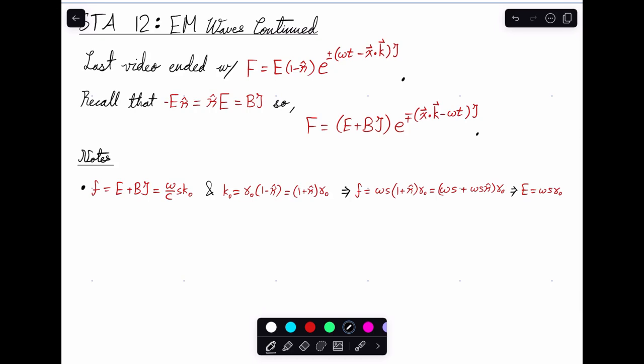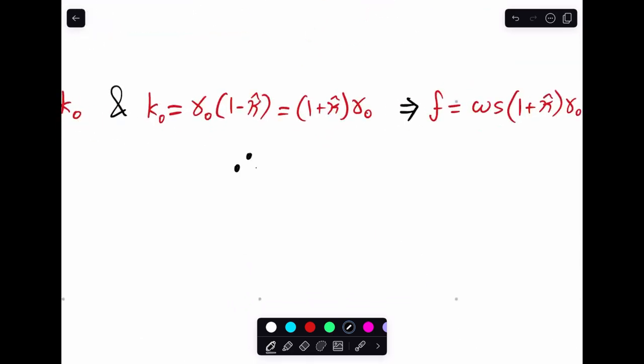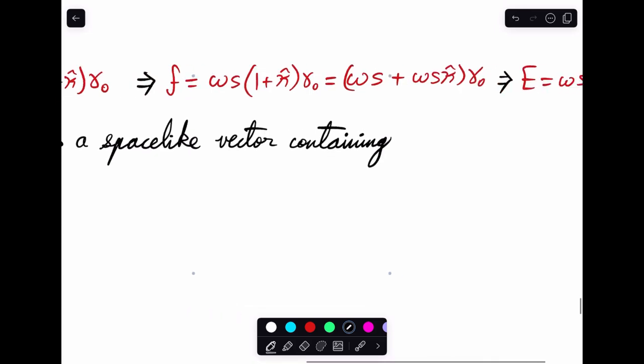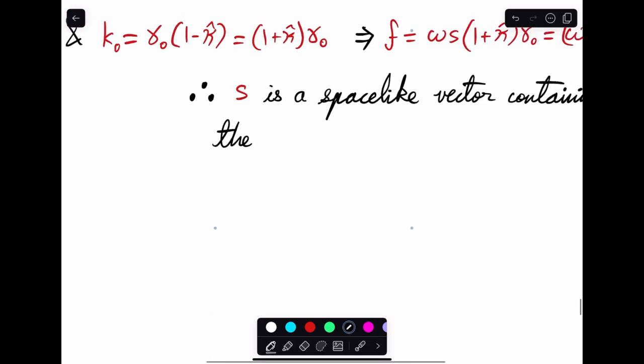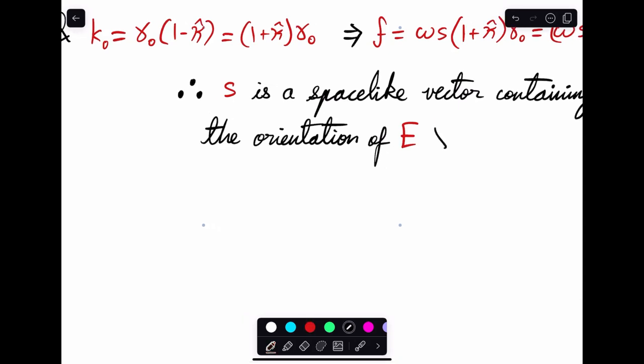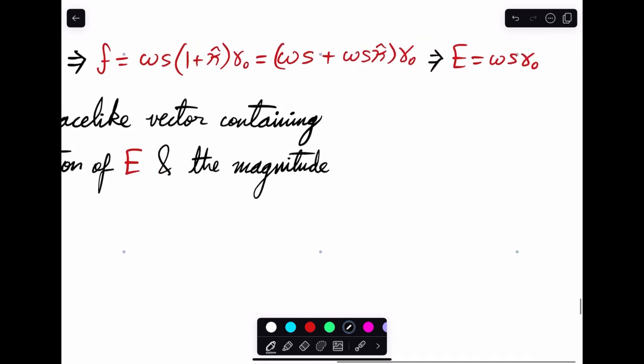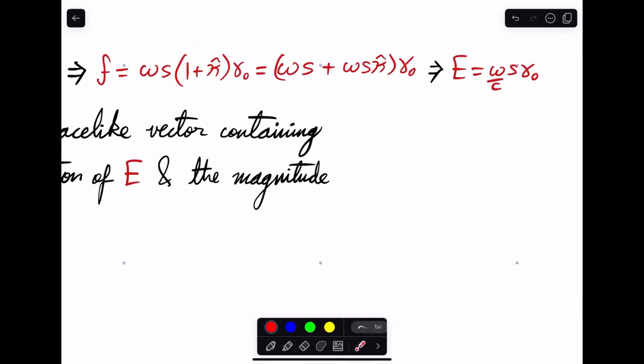And so that means that we can interpret, therefore, S is a space-like vector containing the orientation of E and the magnitude, or here, I forgot this factor of 1 over C again.